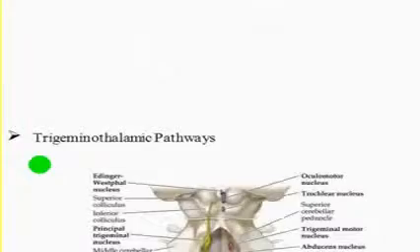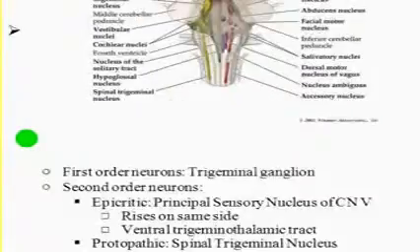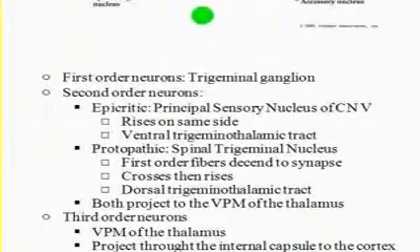So pathways, the trigeminothalamic pathways. First order neurons are in the trigeminal ganglion. It's then going to send projections, and it's a little different whether it's epicritic or protopathic sensation. Epicritic is going to rise on the same side and enter the ventral trigeminothalamic tract.